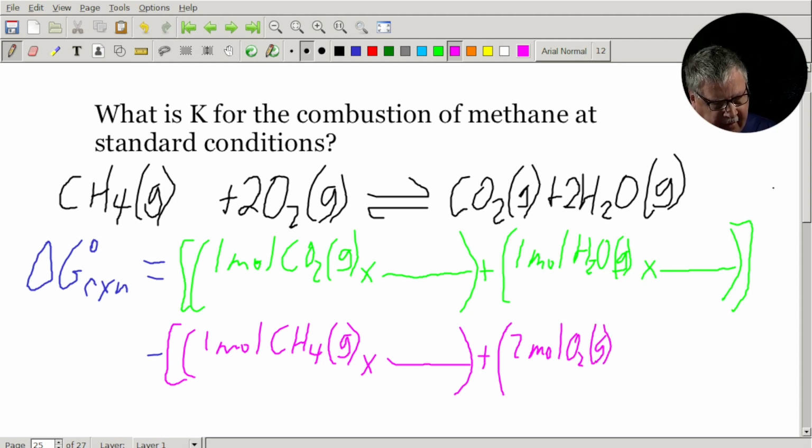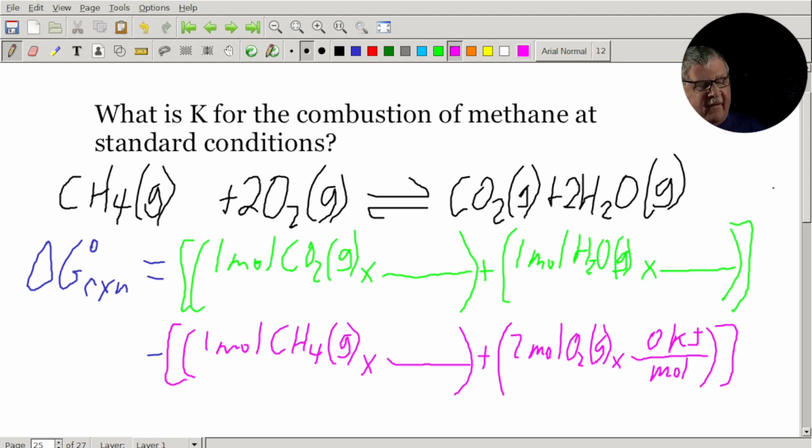Now let's start with this one. What's the standard Gibbs free energy of formation value for an element such as oxygen? Yes, 0 kilojoules per mole. If you're not sure about that, you can always look it up. But yeah, again, that's the definition.